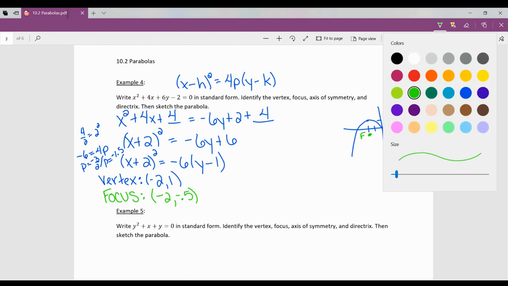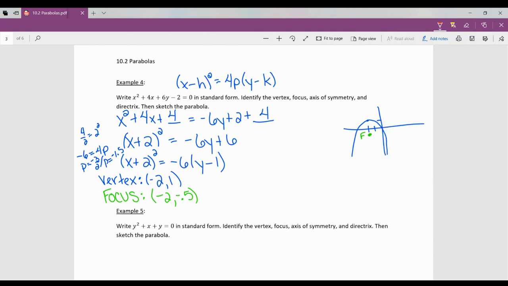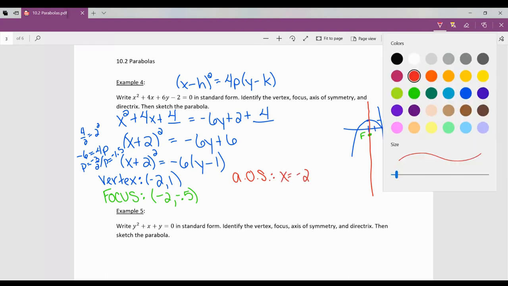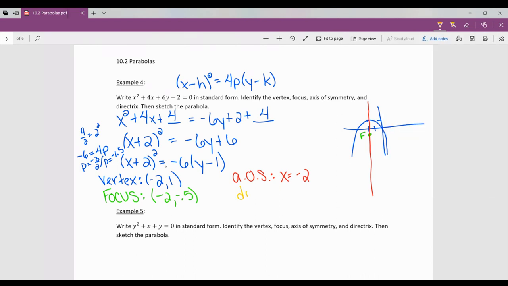Now my axis of symmetry goes through the vertex. So my axis of symmetry is going to be x equals negative 2. My directrix is 1.5 units away from the vertex in the opposite direction.